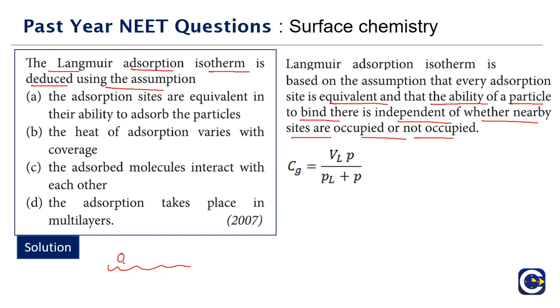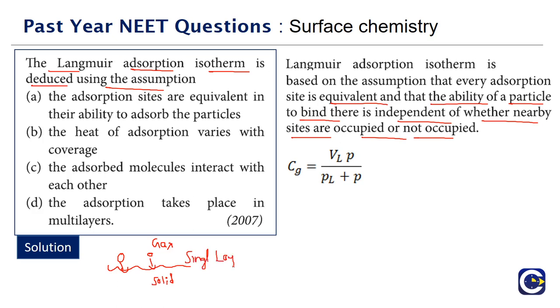So this is more like the ideal gas case. If you look at the adsorption of a gas on the surface of a solid, it considers that each and every gas particle would be adsorbing on the surface in a single layer.